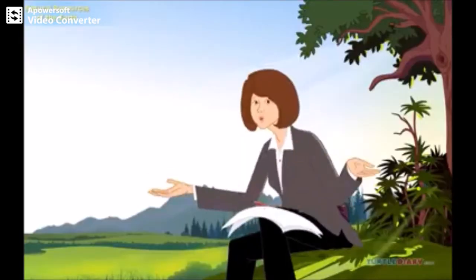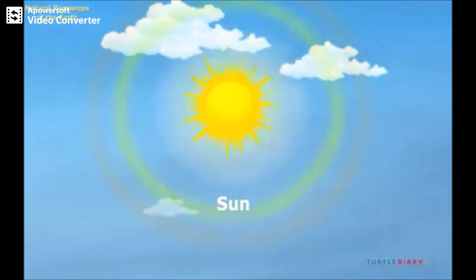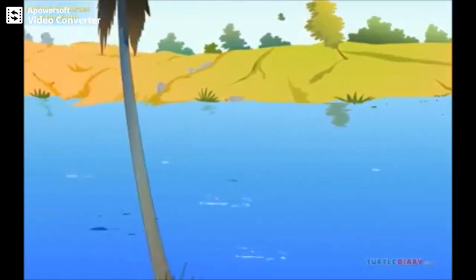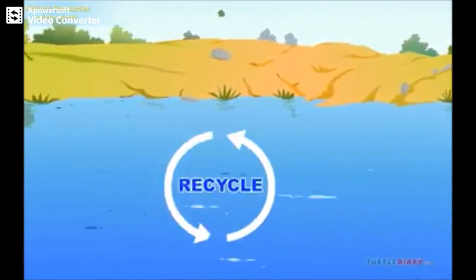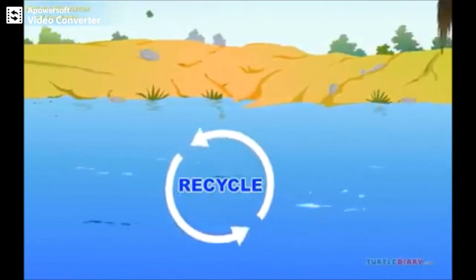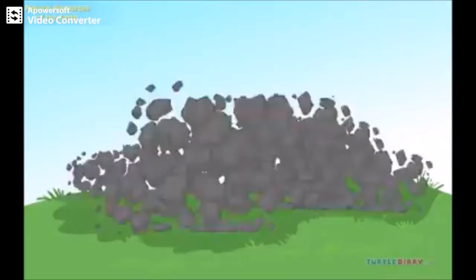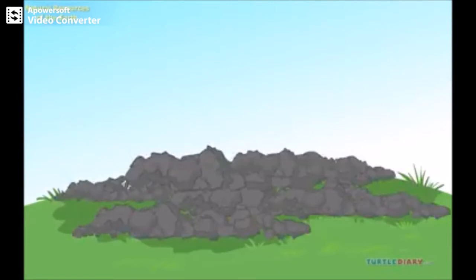Nature keeps making these natural resources more and more. For example, the sunlight will be here for many years. Water can be used many times as it gets recycled. Nature makes more rocks. Rocks break down and make more soil.